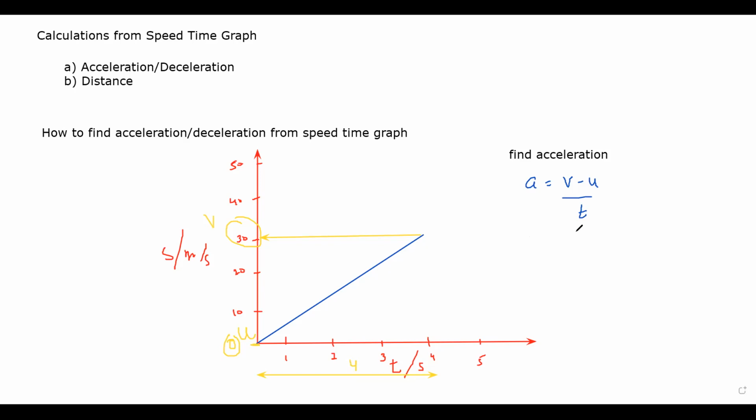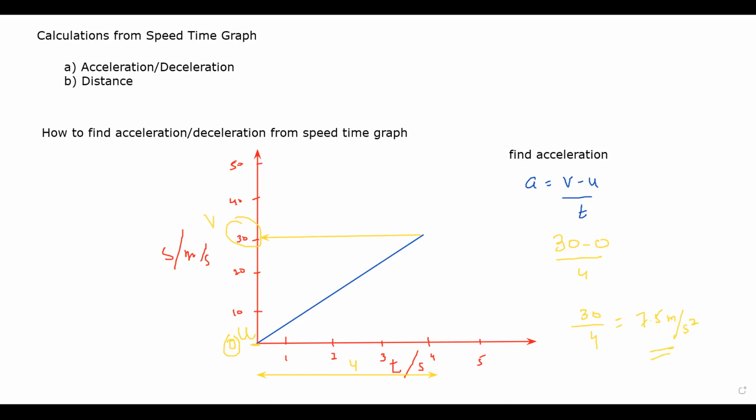So when we calculate the acceleration, which is a change in the velocity, it will be 30 minus 0 divided by 4, which is 30 divided by 4, which is 7.5 meters per second squared.